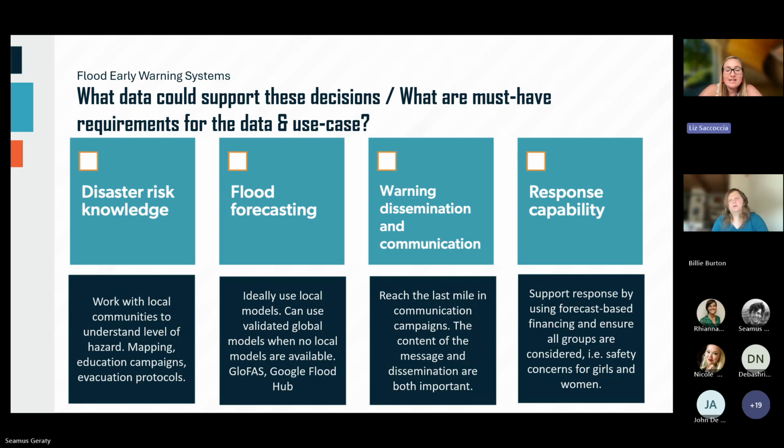Some places there's just no reception for warnings through technology or radio. So in Mozambique with the World Bank, there are brigades that are trained in advance of storms. So there was Cyclone Freddy in 2023. That was a massive storm. But these community brigades went out and talked to people face to face to warn them about this coming storm.